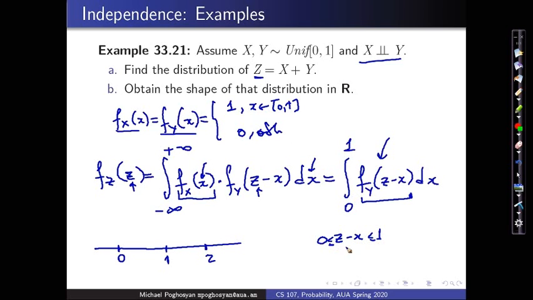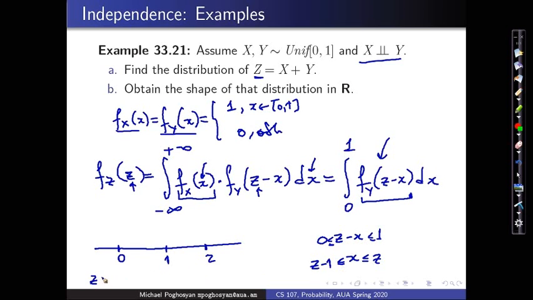Solving for x, x is less than or equal to z, and x is larger than or equal to z minus 1.